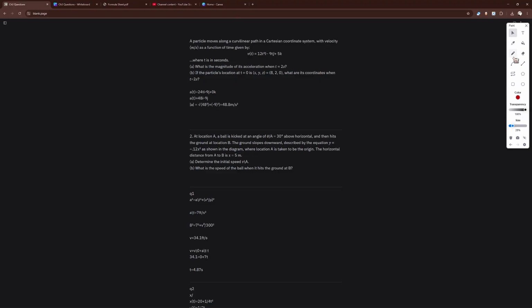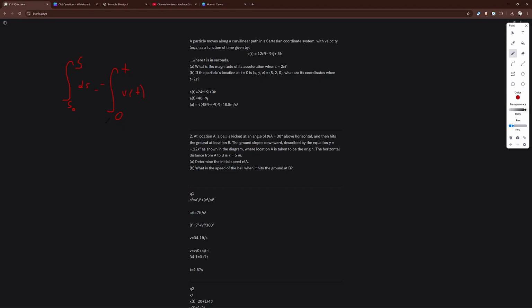Let me actually draw this out. We're going to have this integral from s naught to s, where s is what we're looking for, ds, is equal to the integral from time 0 to t. It's going to be time 2, but that's fine, we'll just leave it like this.